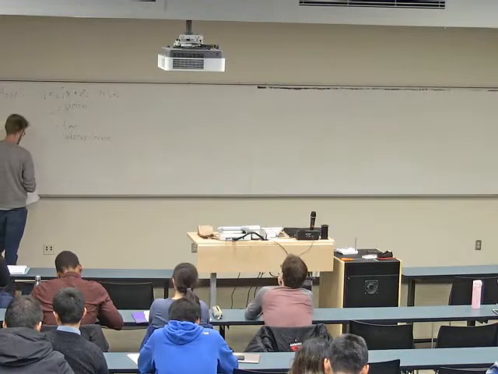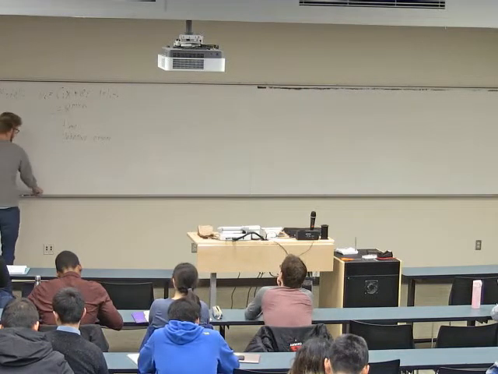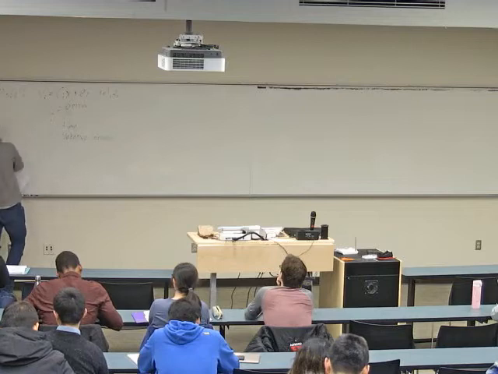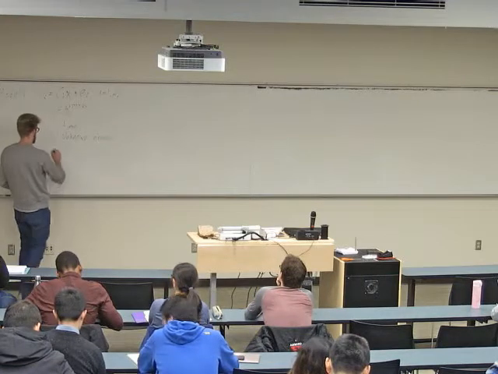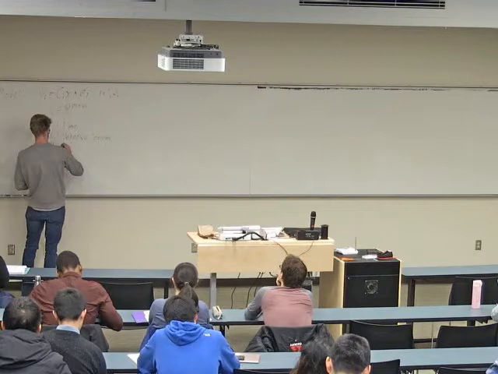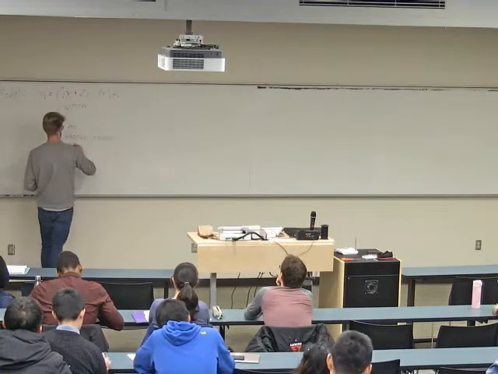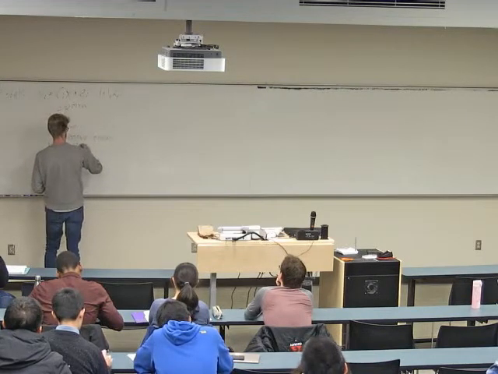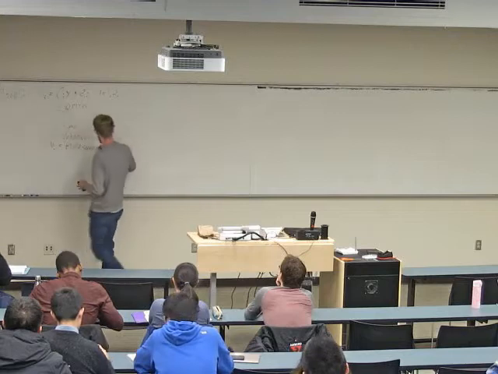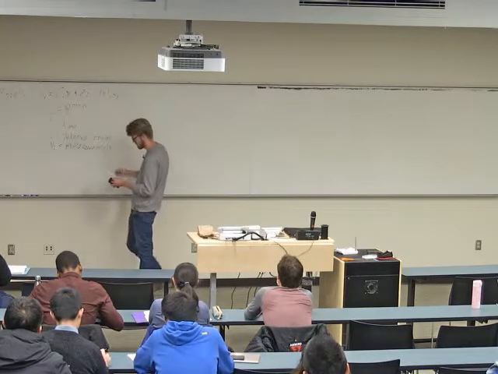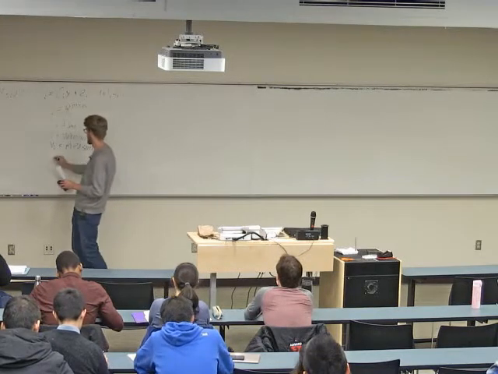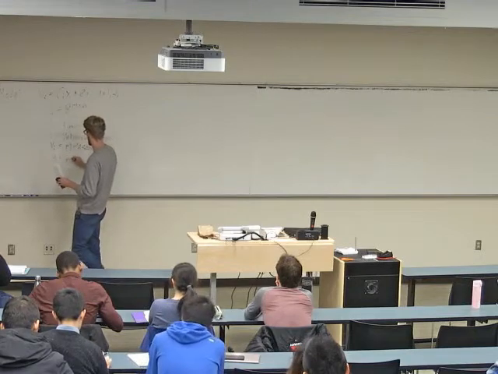Yi are the measurements that we're making. And ei is our model error or model mismatch.